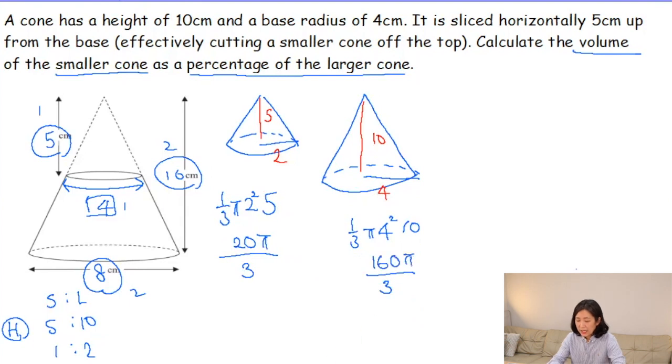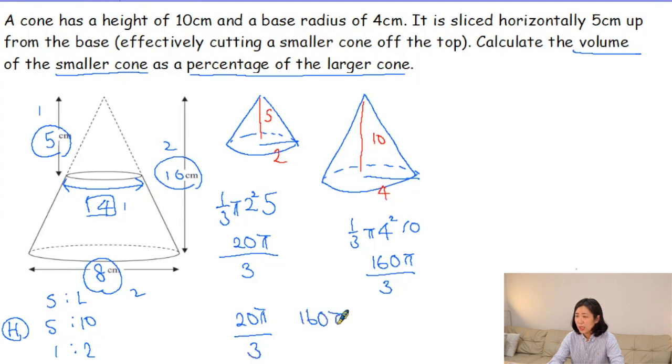Since we're finding out the volume of the smaller cone and the larger cone, we need to find the percentage. An easy way to find the percentage is to find the ratio between the smaller one and the larger one, right? So we've got 20 pi over 3 and 160 pi over 3.